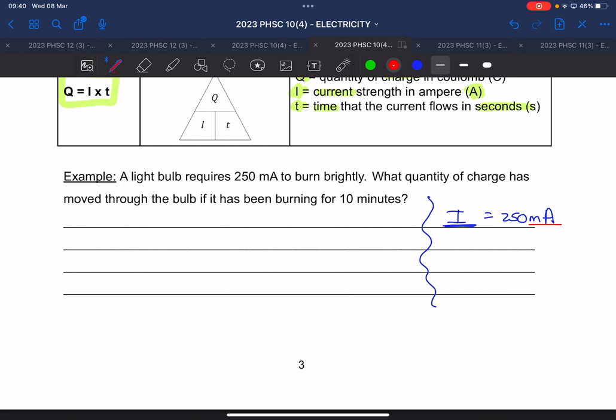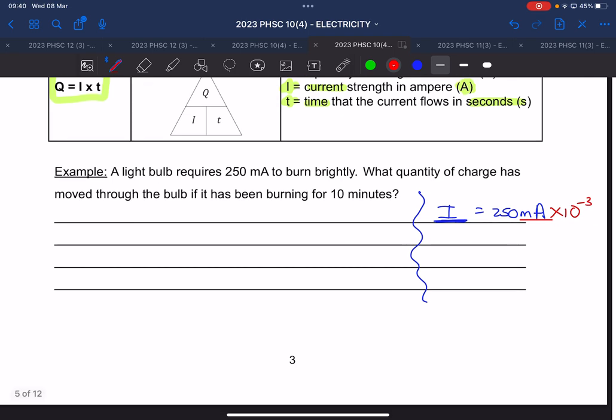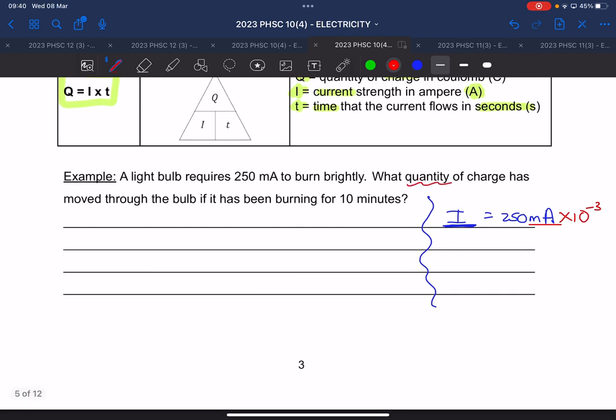No, we work in amperes. How do we go from milli to normal? Millimeters to meters? Positive or negative? Negative 3.